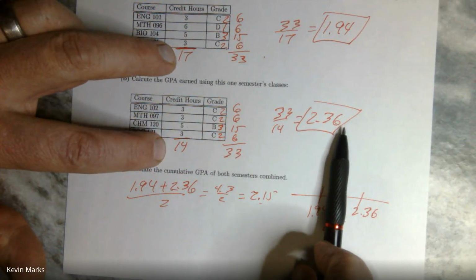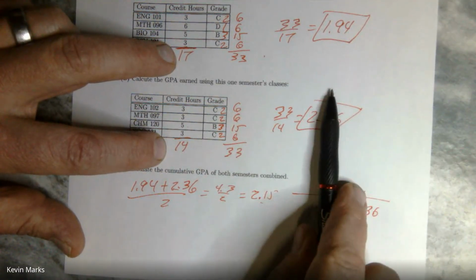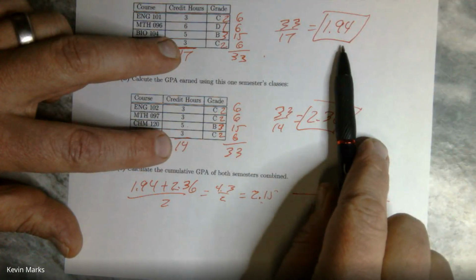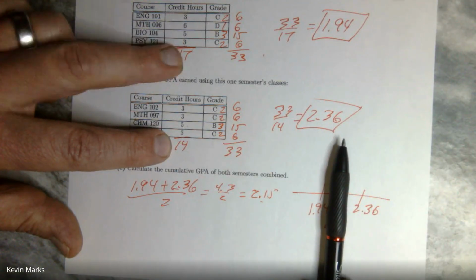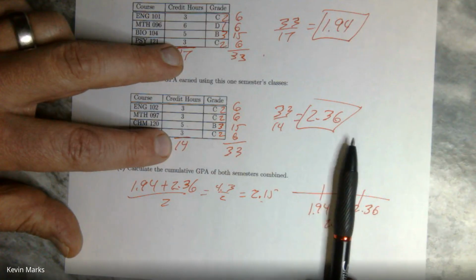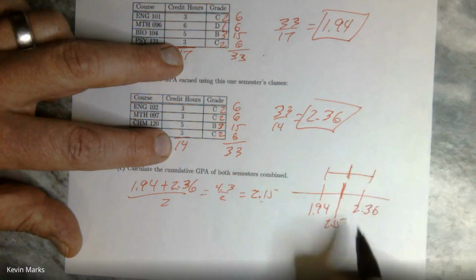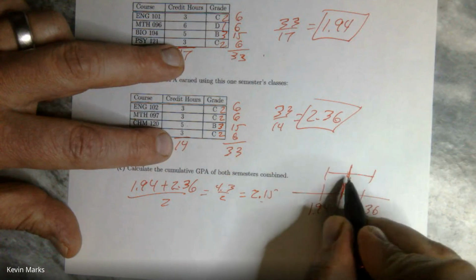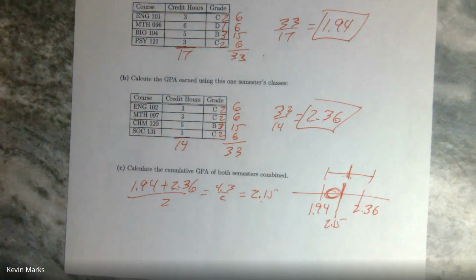Yes, you're trying to find an average, but this one is pulling harder than this one. If they were pulling equally, we would expect it to be right in the middle. Again, picture that tug of war. But this one's pulling harder, which means we would expect it to be somewhere in this lower region.